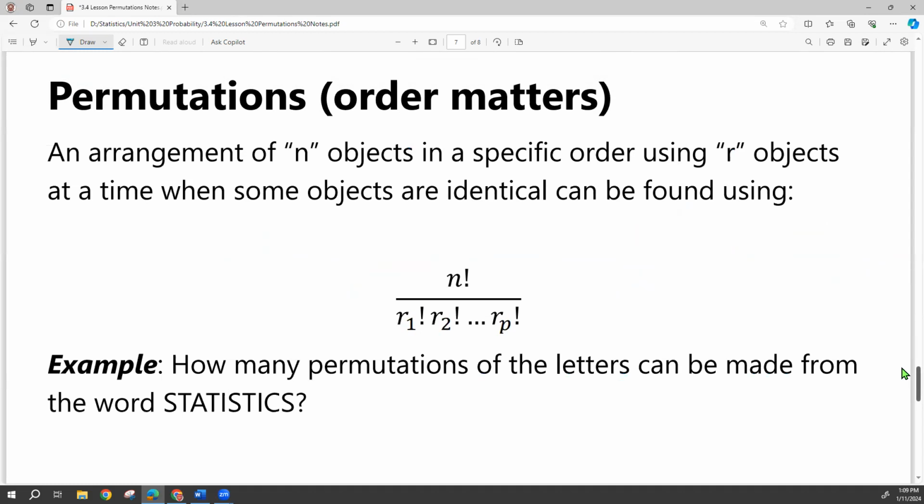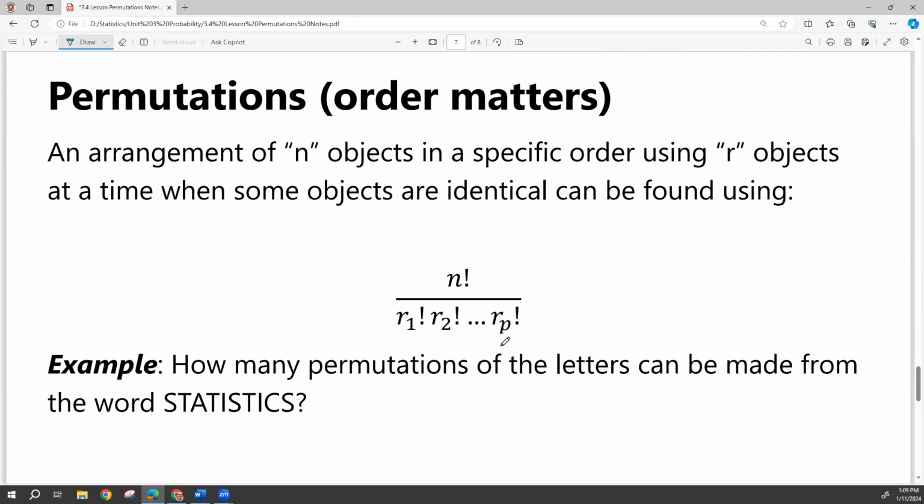Sometimes we might have some of our objects repeat. So for example, if for some reason we wanted to figure out how many different permutations we have for the letters in the word statistics, well, we have some repetition. And so we have a different setup here. We still have n factorial on top, but on the bottom you see there's a bunch of factorials.